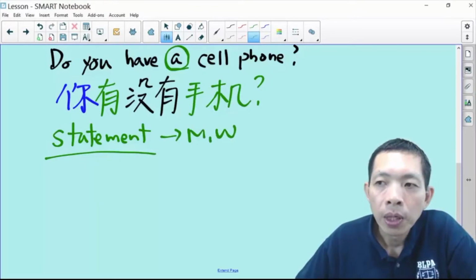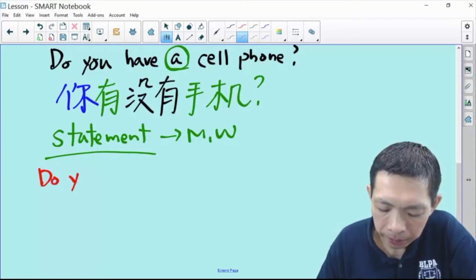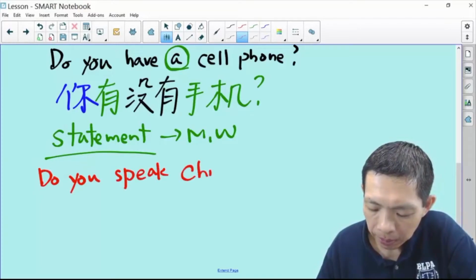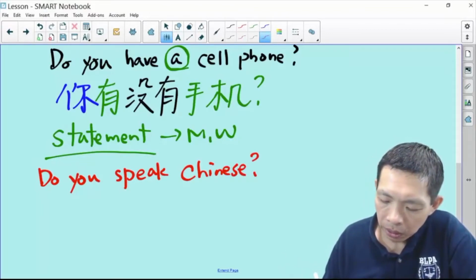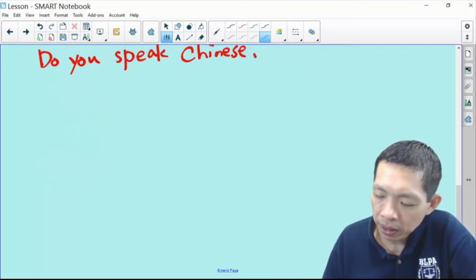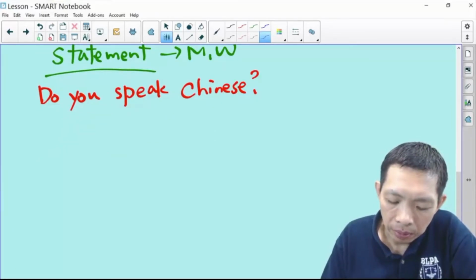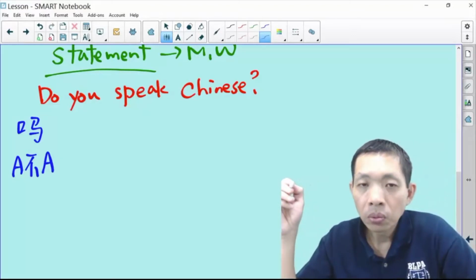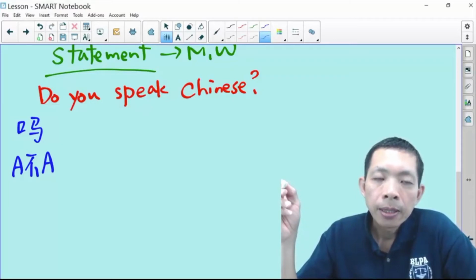Okay, so let's say, do you speak Chinese? I will let you think about this for just a second, and then I want you to please write it down with the ma and ABA structure, two ways of saying do you speak Chinese.